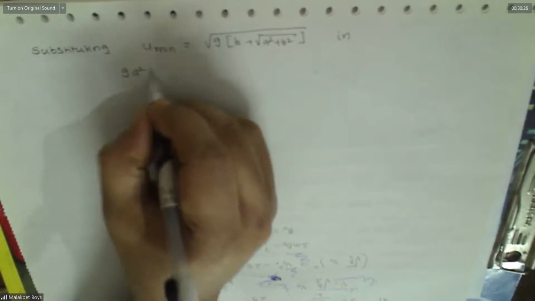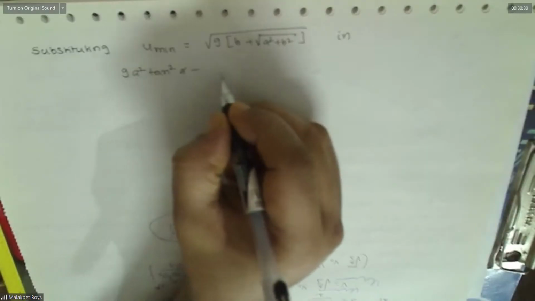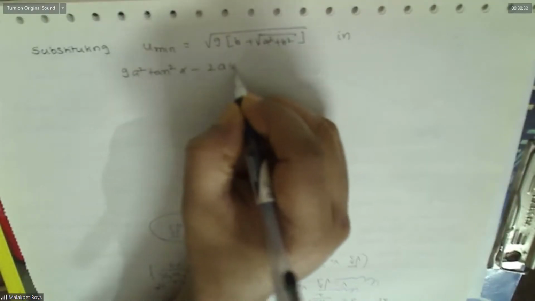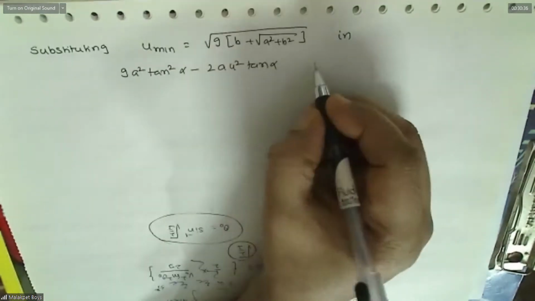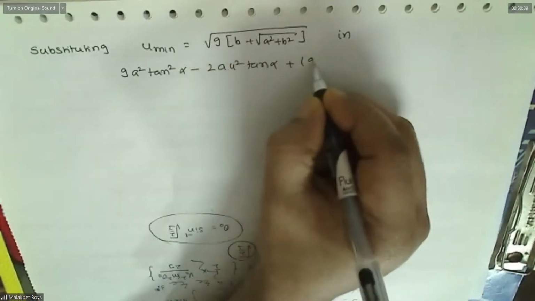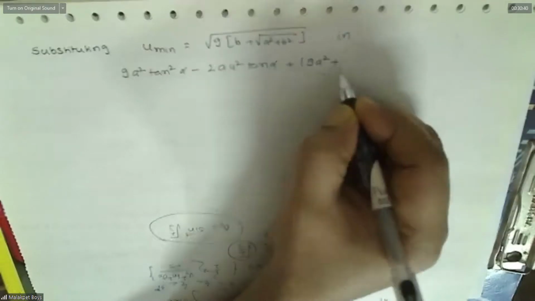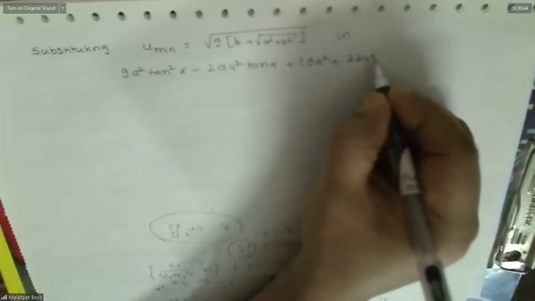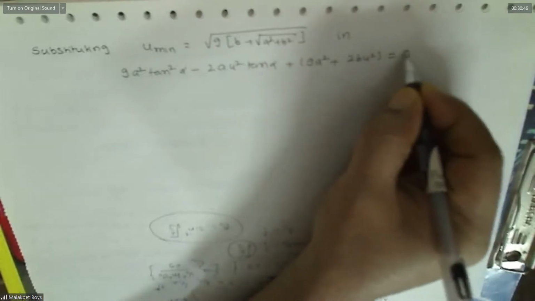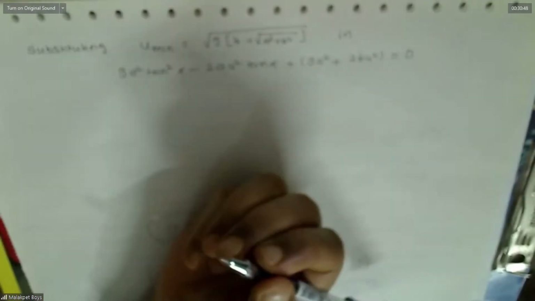This is the quadratic equation, 2a u square, remember this, plus g a square plus, understood this?